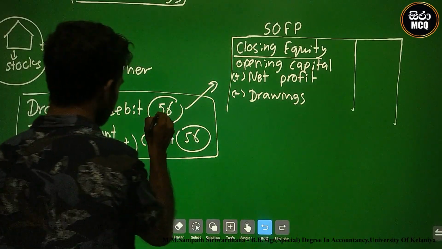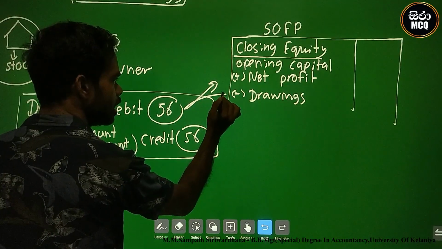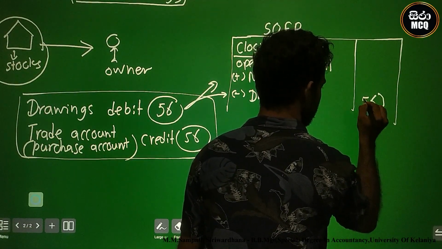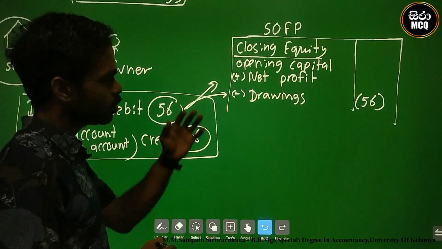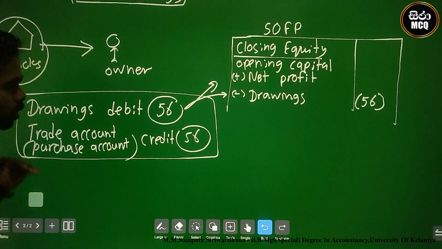The 56 is related to the SOFP, a 56 deduction. This is the SOFP impact of the debit short.